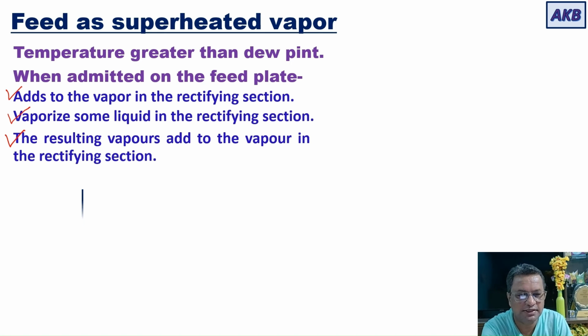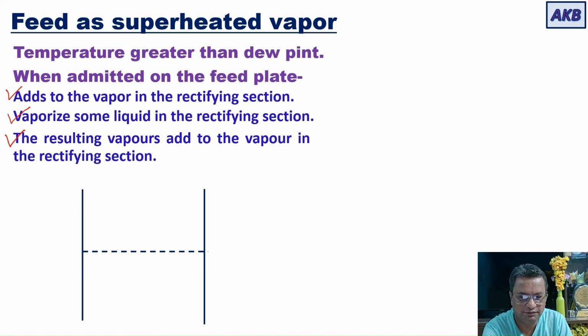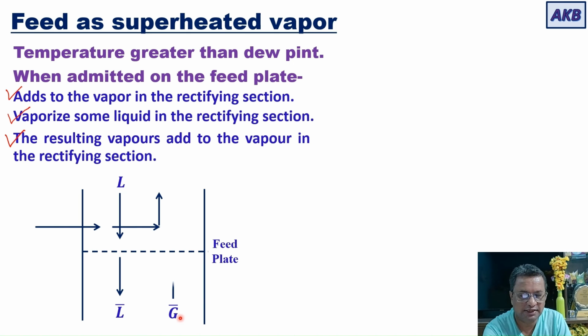So you can understand this with the help of this simple schematic diagram. So you have the feed tray, and feed is now entering. Feed being superheated vapor, it will be getting added to the vapor in the rectifying section. And then you have liquid that is coming from the rectifying section. It will be going down. The vapor that is rising from the stripping section will be going to the rectifying section.